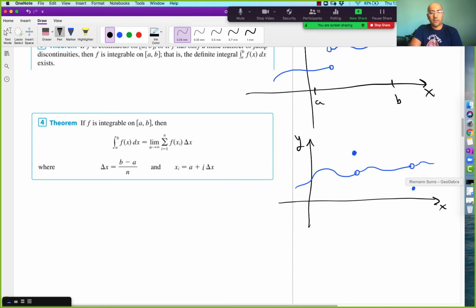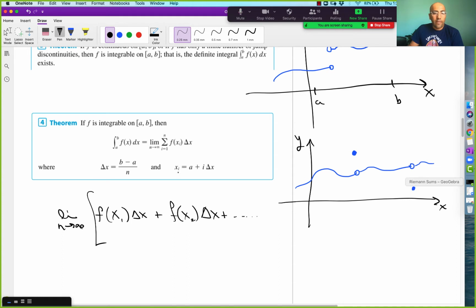Let's see, if we follow the instructions here, as i goes from 1, then the limit as n goes to infinity will have f of x sub 1 delta x plus f of x sub 2 delta x plus dot dot dot.